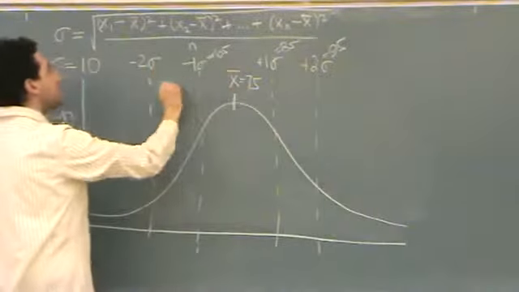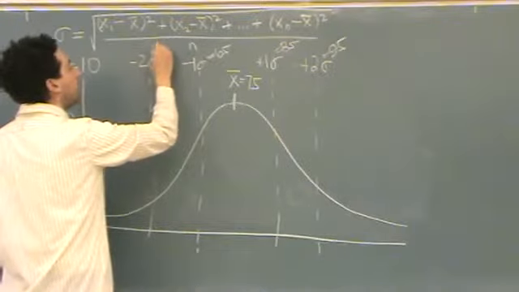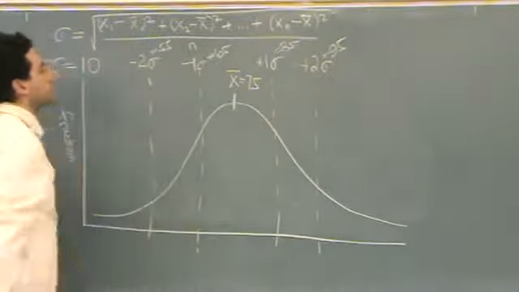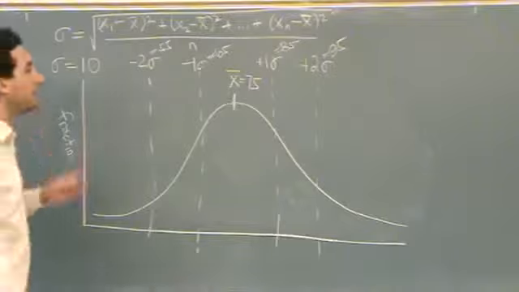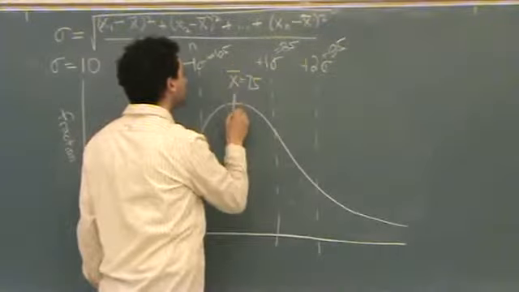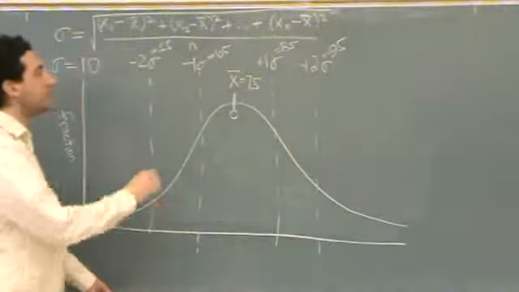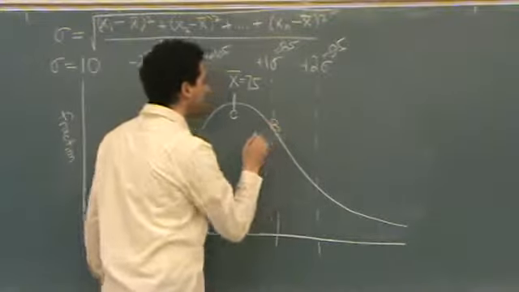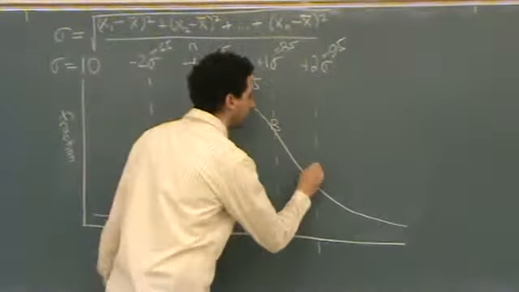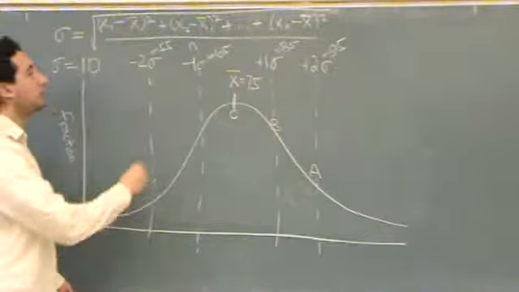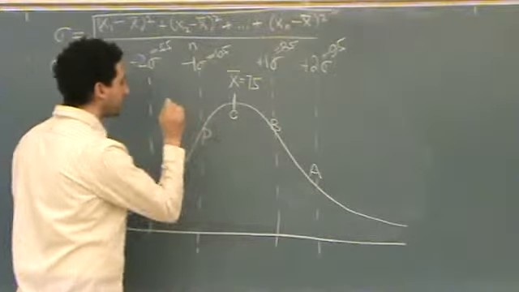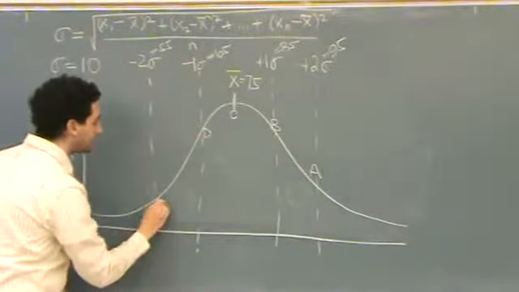And 75 minus 10 is 55. Okay? So what does that mean? If this is a middle C, 1 standard deviation up is a middle B, and 2 standard deviations up is a middle A. 1 standard deviation down is a middle D, and 2 standard deviations down is a middle F.